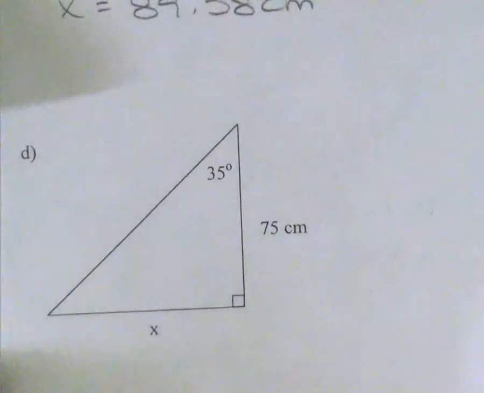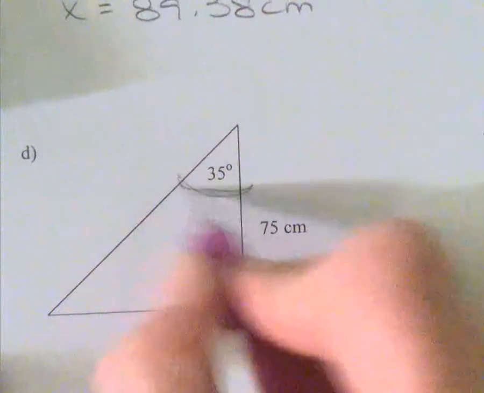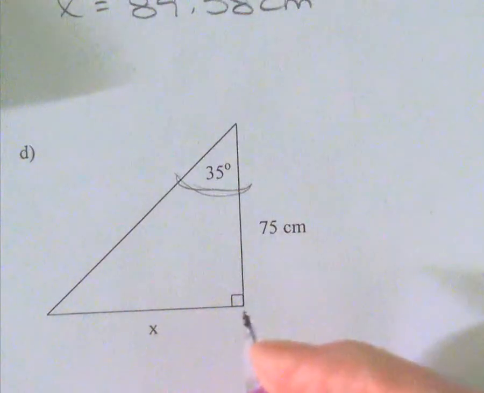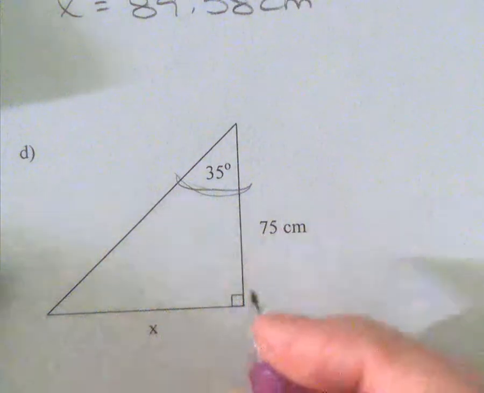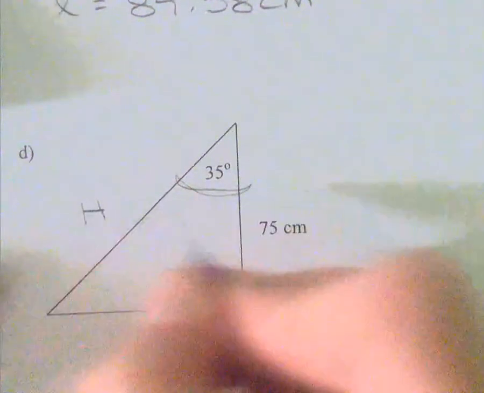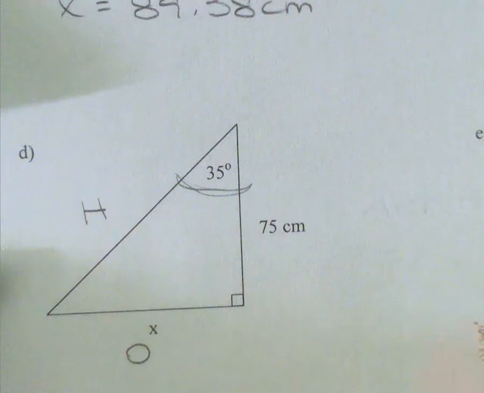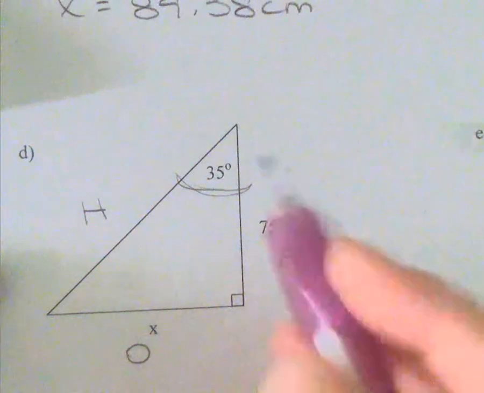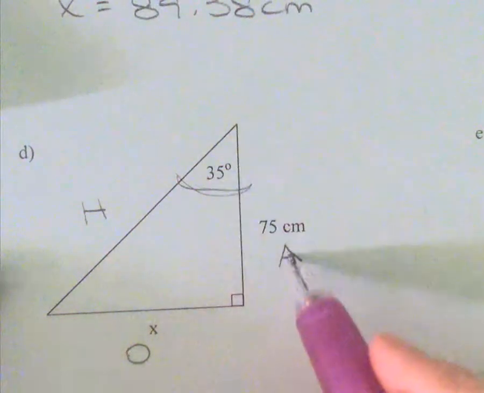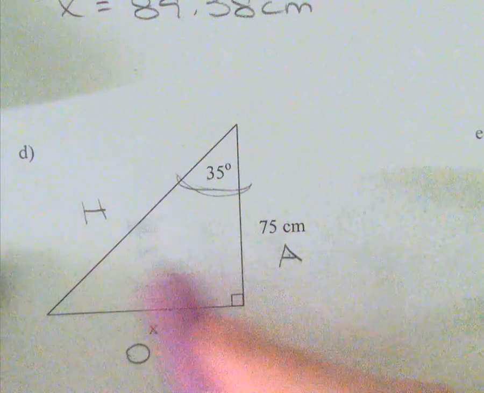Looking at D, there's my angle. Longest side is hypotenuse. This side is opposite. This side is adjacent. This is opposite the angle. This side is the one next to the angle that's not the hypotenuse.